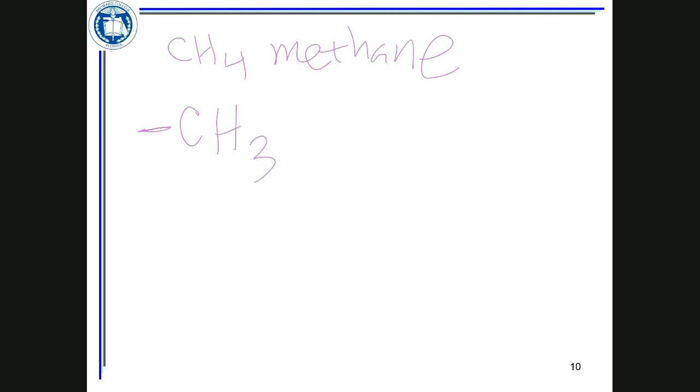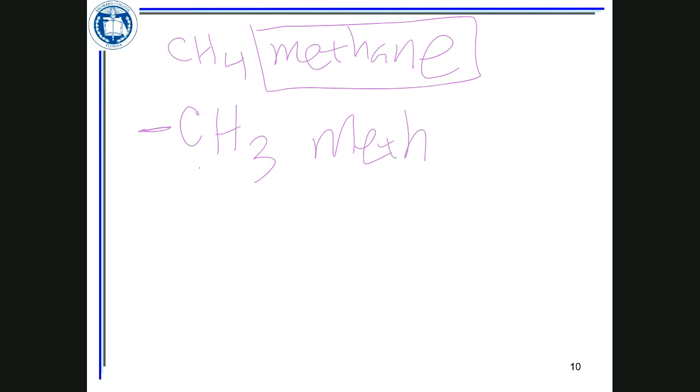That means it's ready to attach to something else because it's not satisfied. So if you see CH3 attached to a major carbon chain, the name of the CH3 is extracted from the CH4. So it starts with meth.